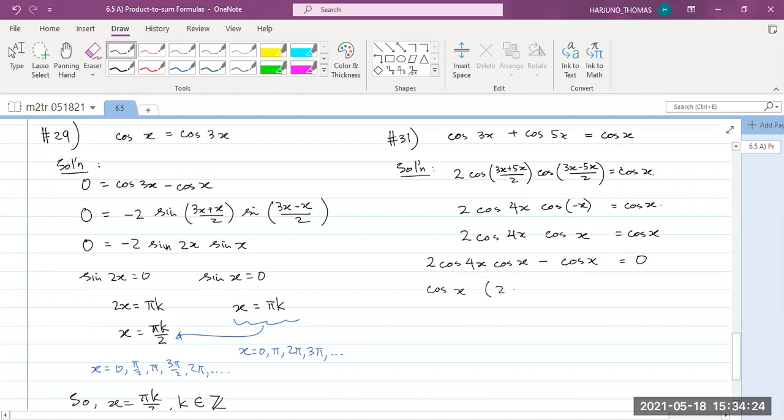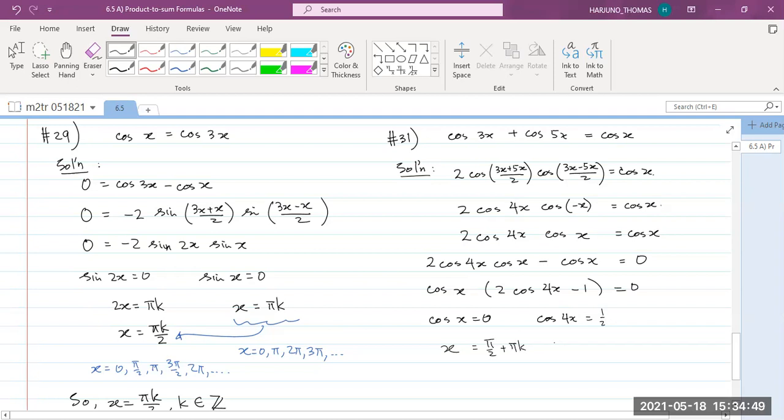So I get cosine x times 2 cosine 4x minus 1 equals 0. So cosine x equals 0, or cosine 4x equals 1/2. Now cosine x equals 0, x equals pi over 2 plus pi k.